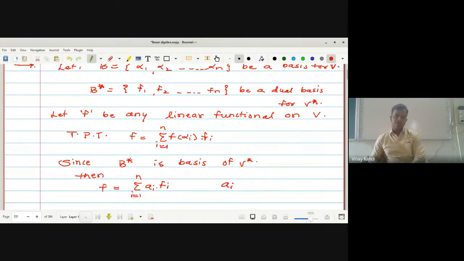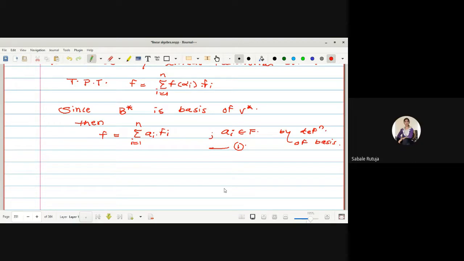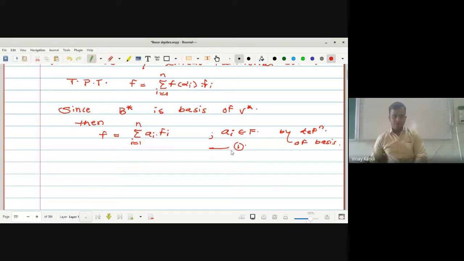Okay, this ai belongs to the field F, by the definition of basis. बेसिसचा डेफिनेशन, कोणताही एक एलिमेंट घेतला तर तो लिनियर कॉम्बिनेशन ऑफ बेसिस एलिमेंट्स we can express uniquely. Okay, any doubt up to here? No, sir. Okay, so write down this is equation number 1. Let us operate this functional on alpha j.